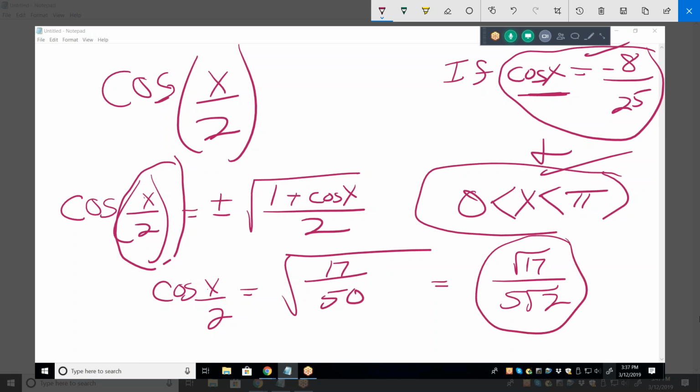Now, I don't know what kind of trig class you're taking. Are you taking a trig class where they care about the denominator being irrational or not? The modern way of teaching trig is to not care.